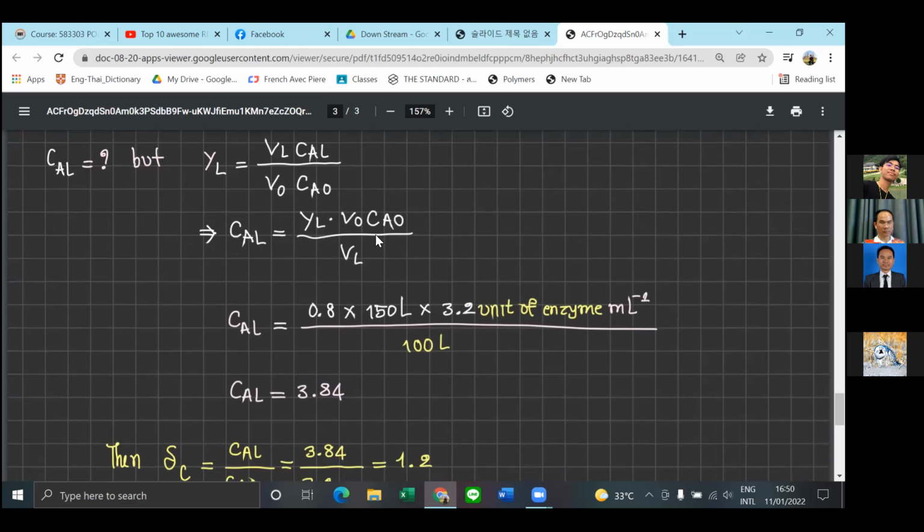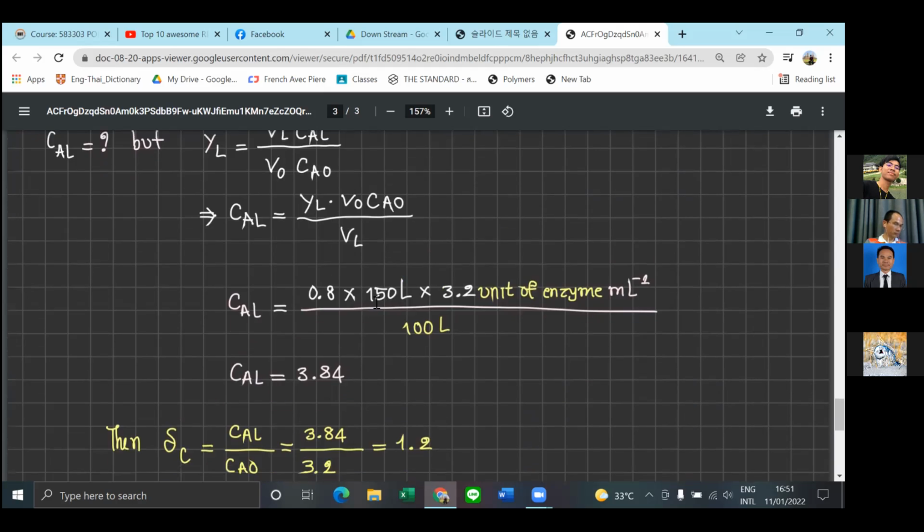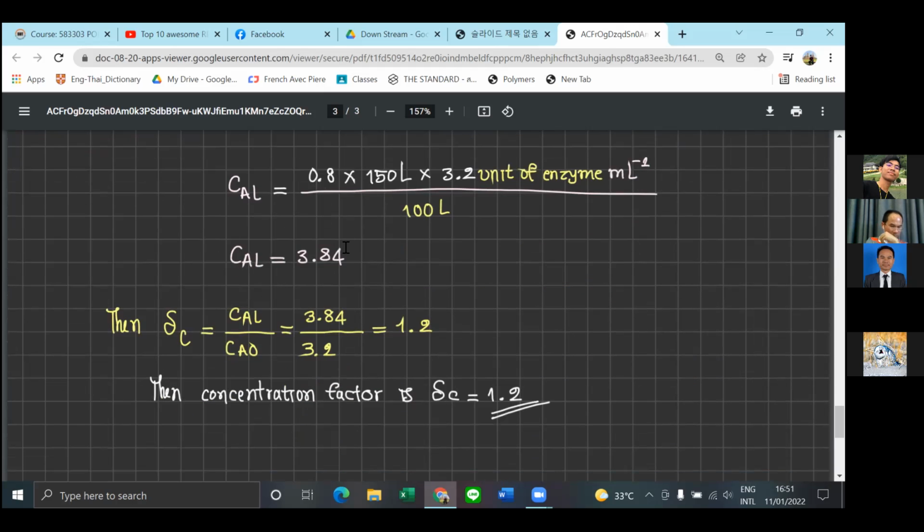So we know everything. We want to recover 80%, so it's 0.8, and V0 equals 150 liters, and we know the initial concentration of enzyme is 3.2, divided by VL, the lower phase. We get the concentration of the lower phase at 80% recovery, which equals 3.84.